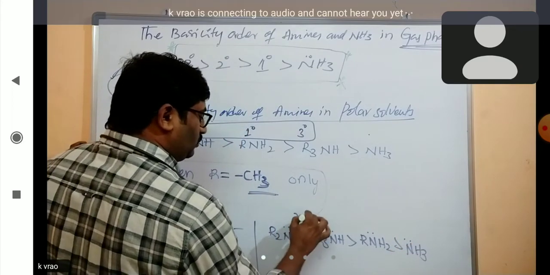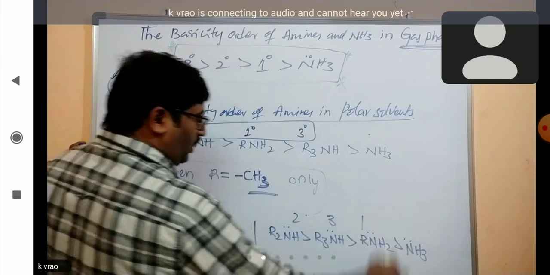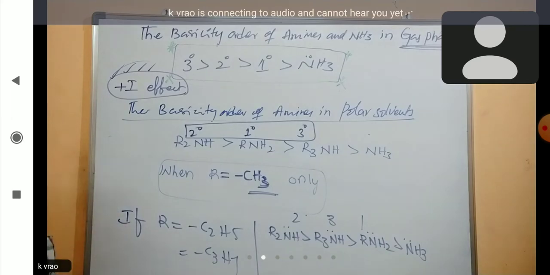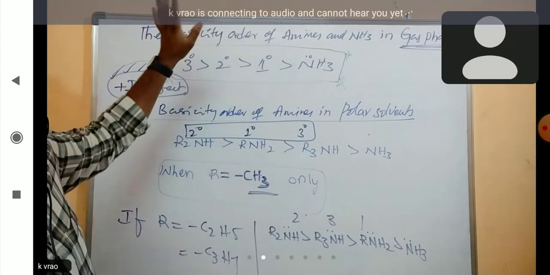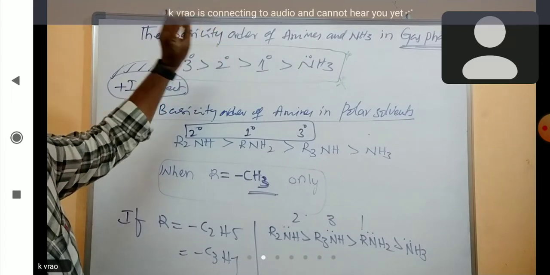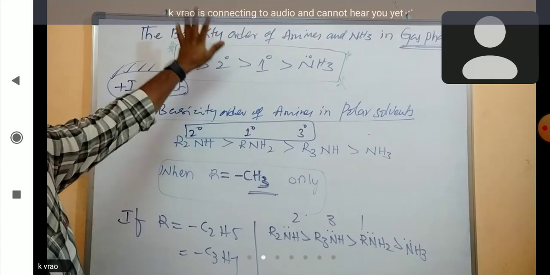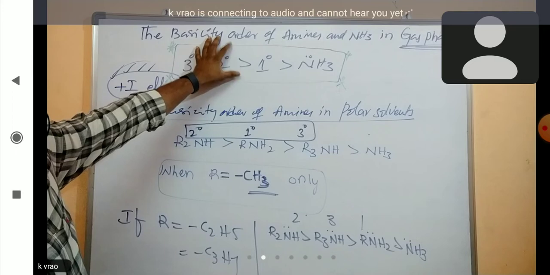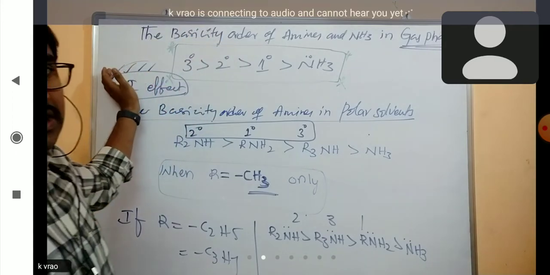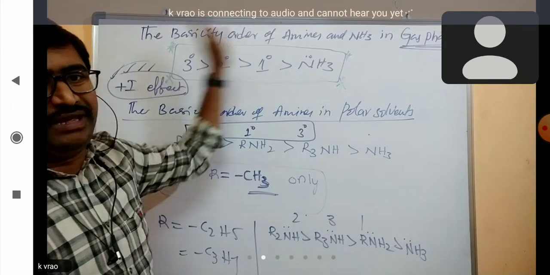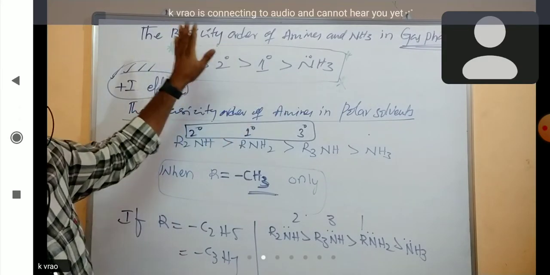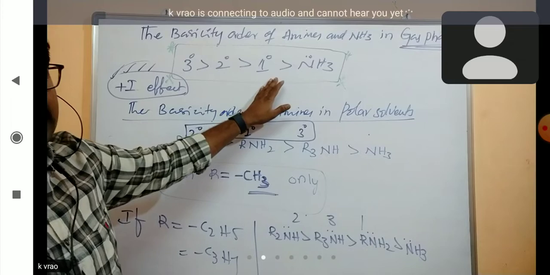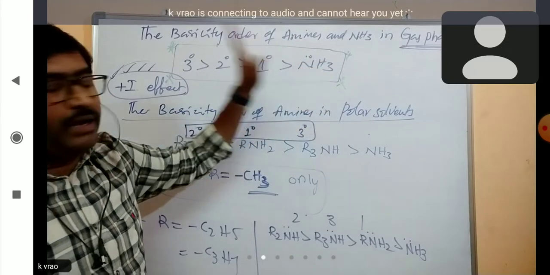That is 231. Most of the people get confused about how to remember this order. Only if it is a gas phase, only the plus I effect, no water is present here and no polar solvent is present, only the plus I effect, the more electron releasing groups, the more the basicity. So 321, right? 3 degree is greater than 2 degree is greater than primary is greater than ammonia.